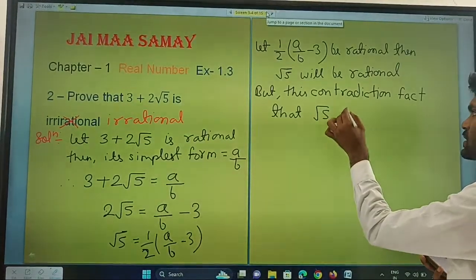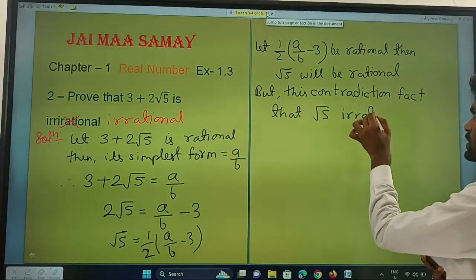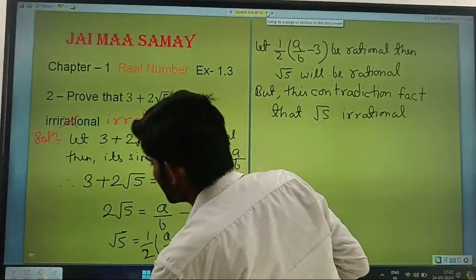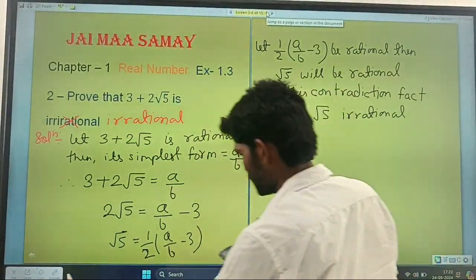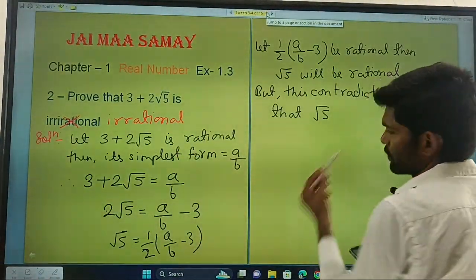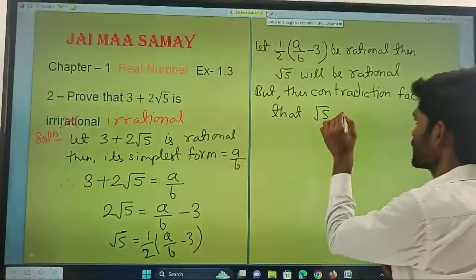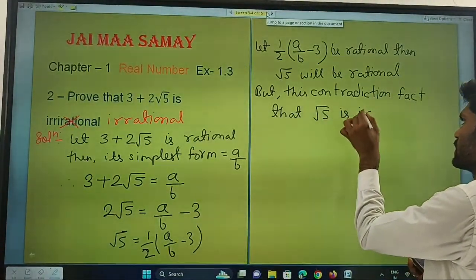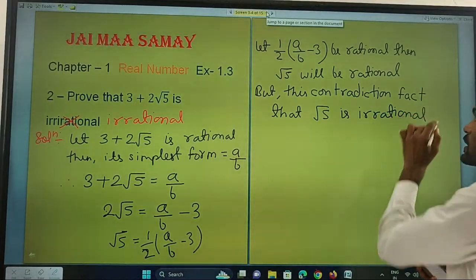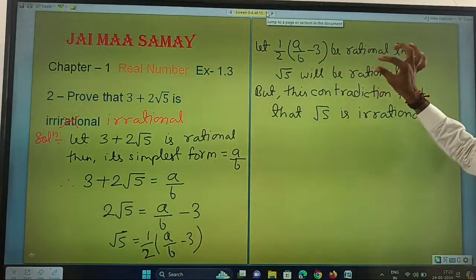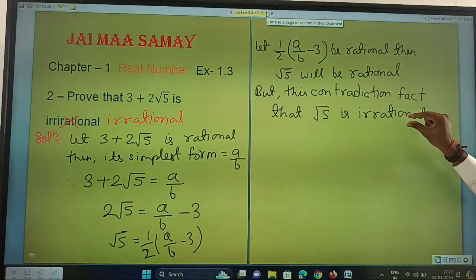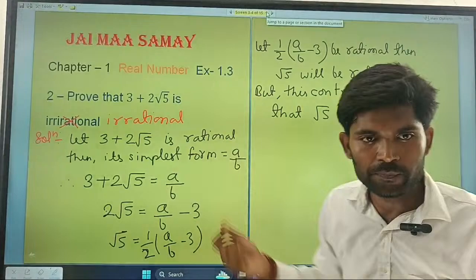Under root 5 is irrational, right? Here what we got is rational, but here it is irrational. That's why our assumption is wrong.